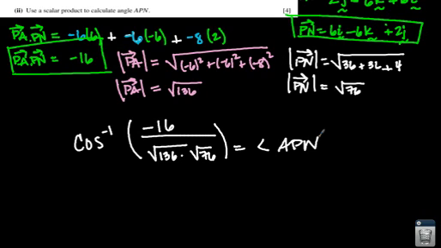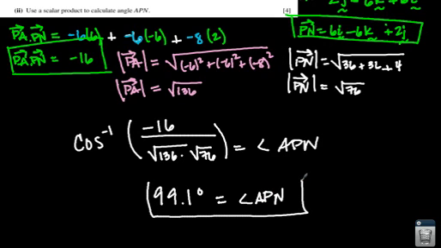Okay, so in my calculator, I punched that in, and I ended up with 99.1 degrees is equal to angle APN, and it does need to be exactly 99.1, otherwise you're not going to get that correct, the A1 point. All right, so that is that vector problem.